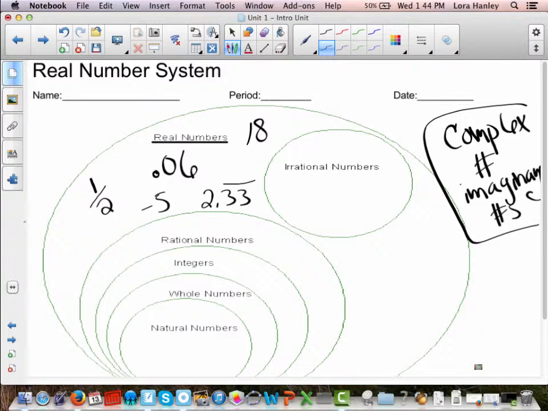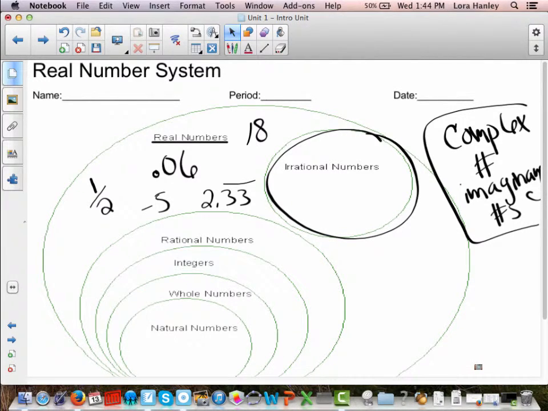And then inside of this big real number bubble, we also have irrational numbers. Irrational numbers are numbers that can't be put into fraction form. So numbers like pi, 3.14159, etc., that will go on infinitely, so it is not a rational number.